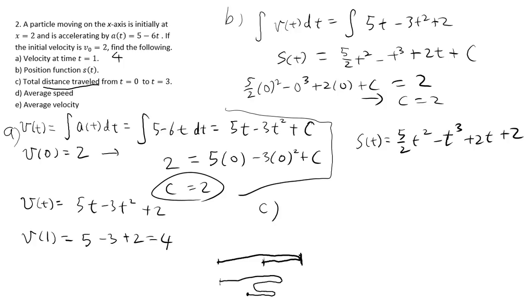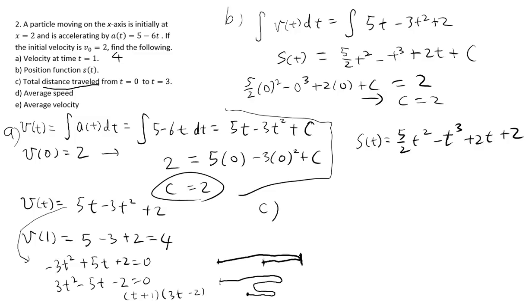Okay, now let's see. When does this hit 0? Well, if you look, this is negative 3t squared plus 5t plus 2 equal to 0. So if you multiply by negative, it's 3t squared minus 5t minus 2 equal to 0. And this factors as... I'm not so sure.